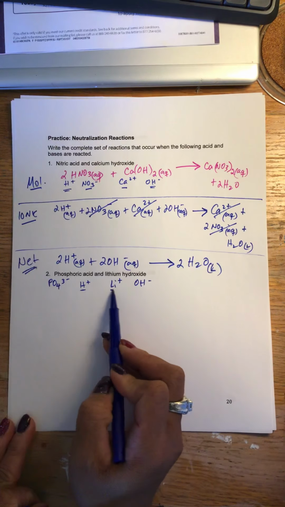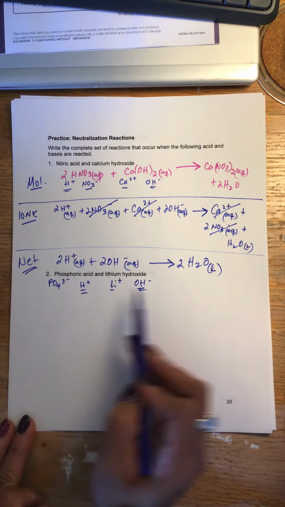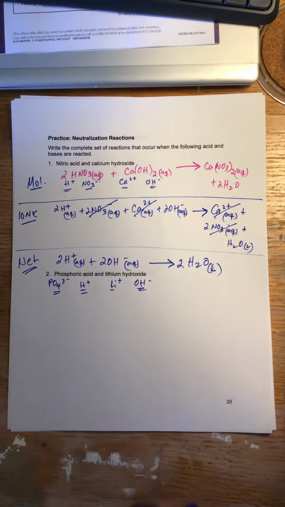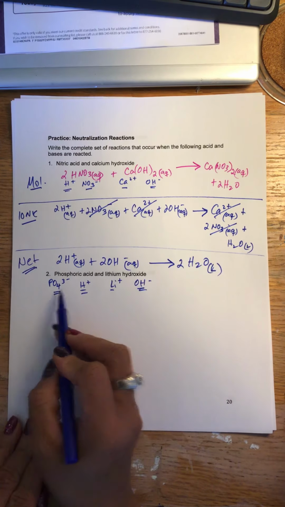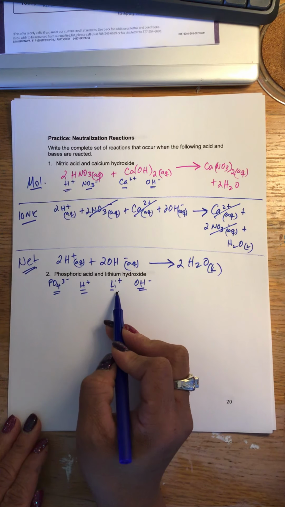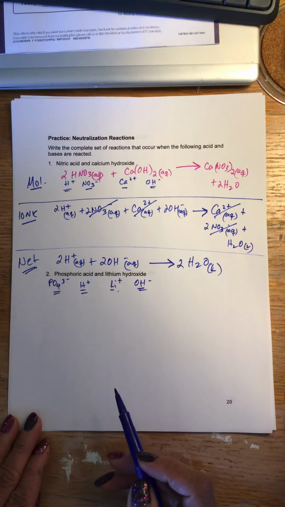Again, the insides will combine, the hydrogen combines with the hydroxide. Actually, I wrote the H plus first. The phosphate is going to combine with lithium and form lithium phosphate.